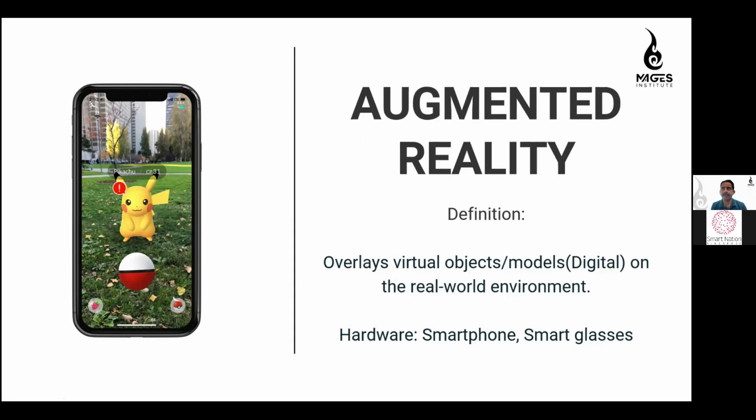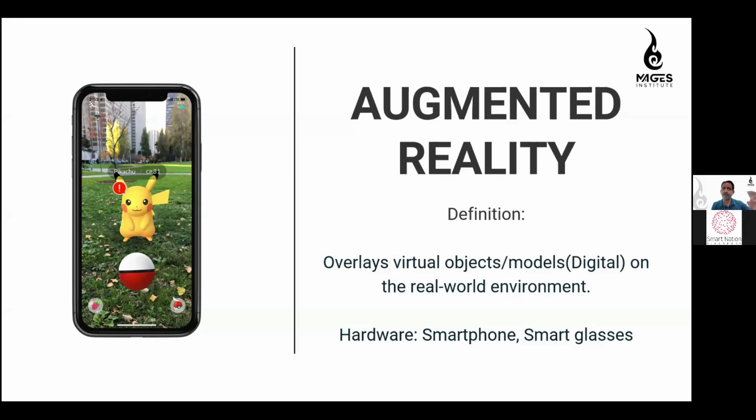That's why I put the image of Pokemon Go, because anytime I ask my learners how they define AR, they can easily relate to this application or game that they have played. So it's basically overlaying or augmenting information into the real world.